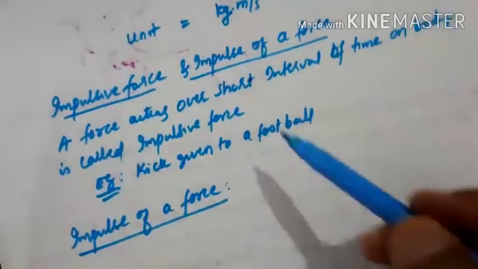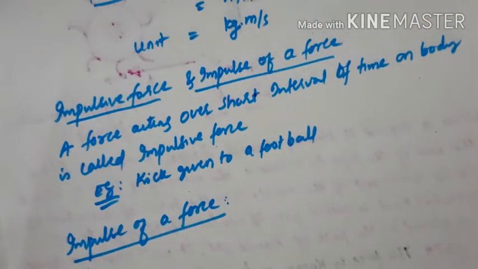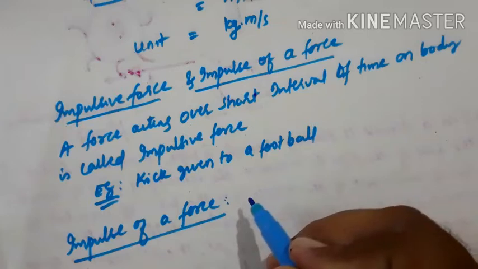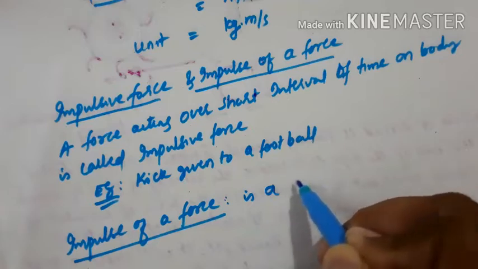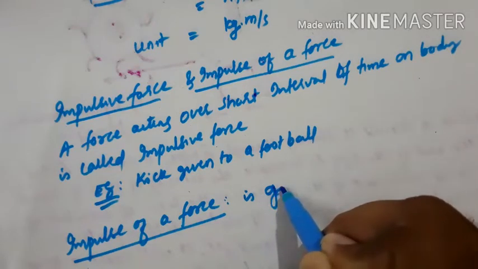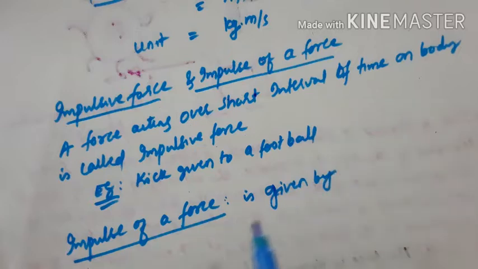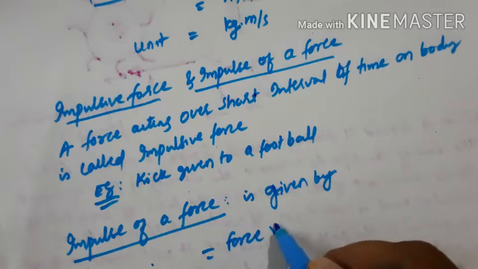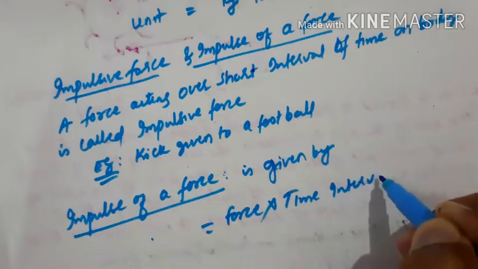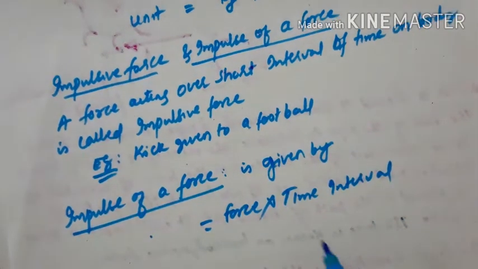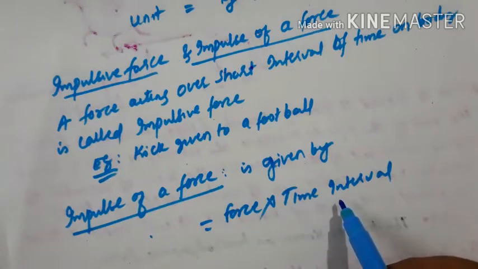So these things you have to directly link to the impact of jet. Then impulse of a force means, impulse of a force is given by, it is a product of force and time interval.